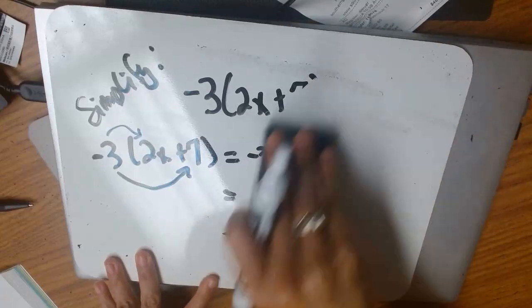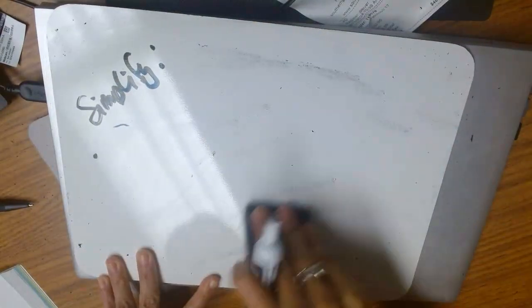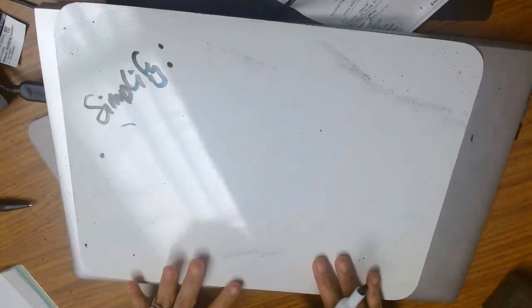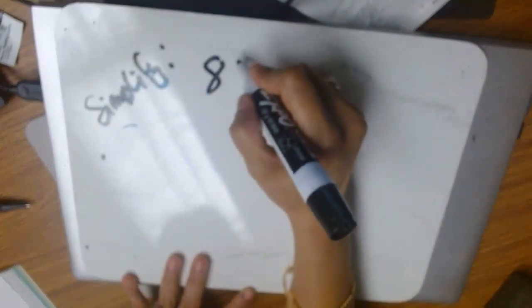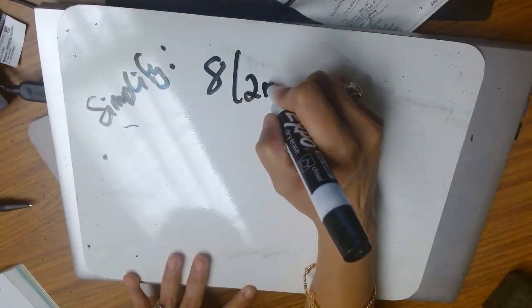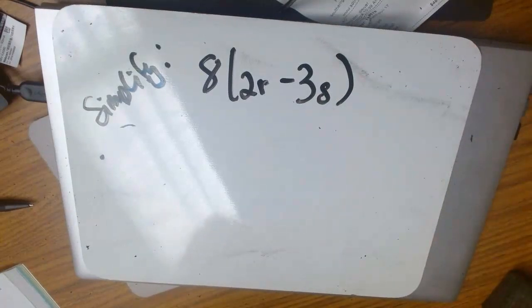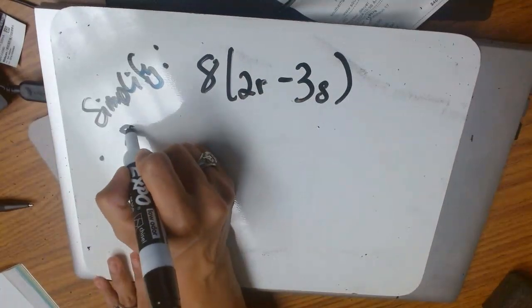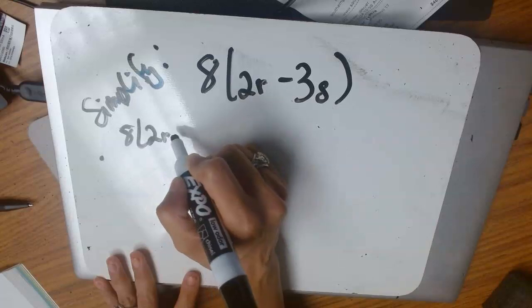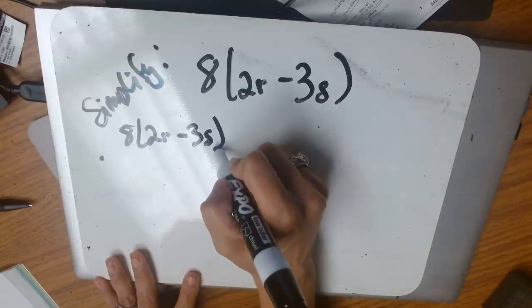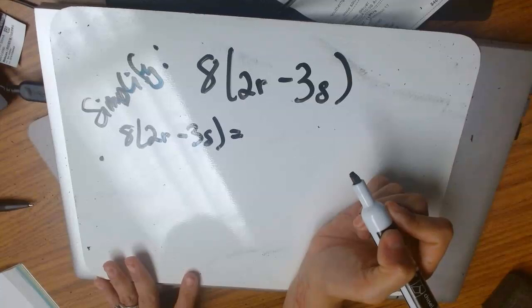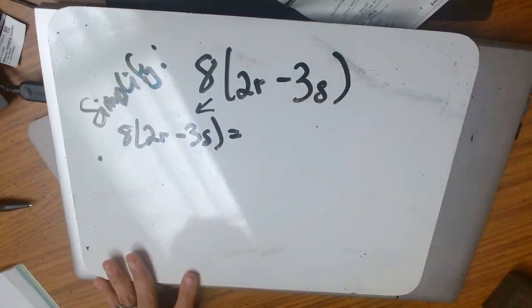Okay, as we move forward, I would like for us to look at simplifying the following. Okay, so it's 8 times 2r minus 3s. Okay, remember to use the distributive property. So we've got to rewrite it first of all. Okay, we've rewritten it here.